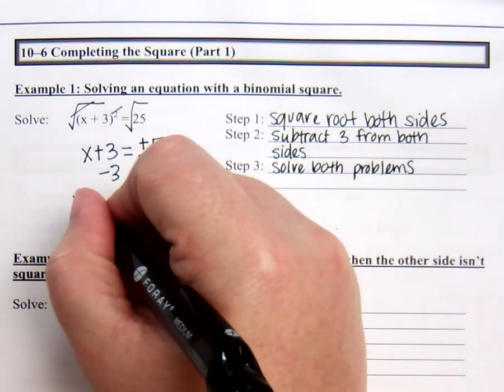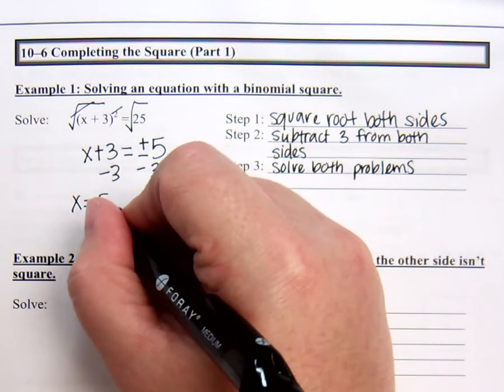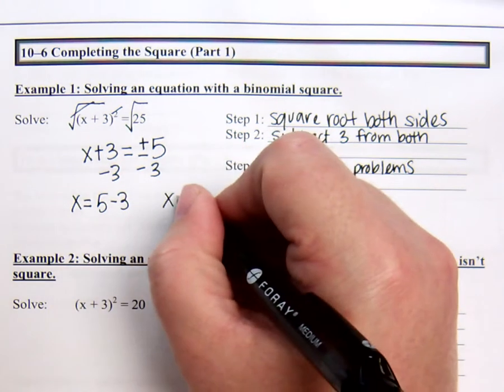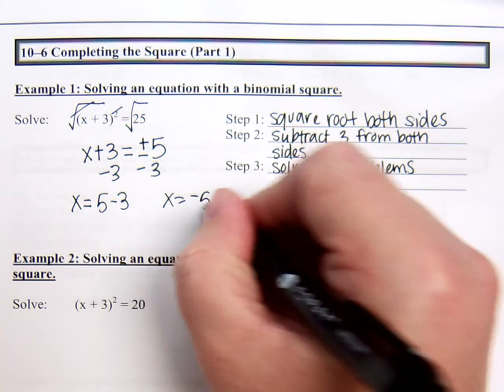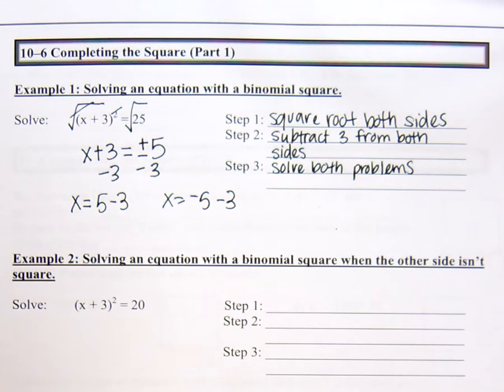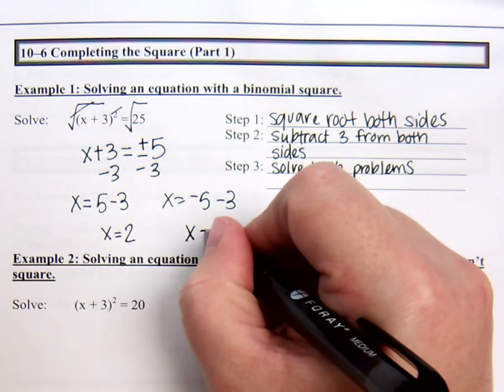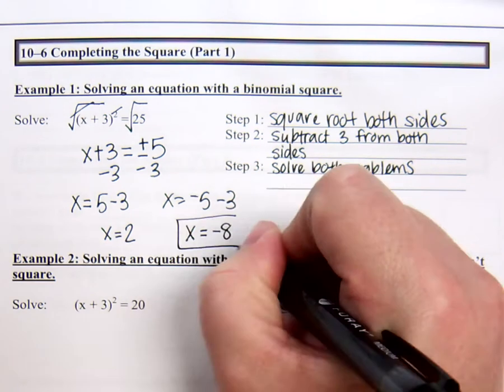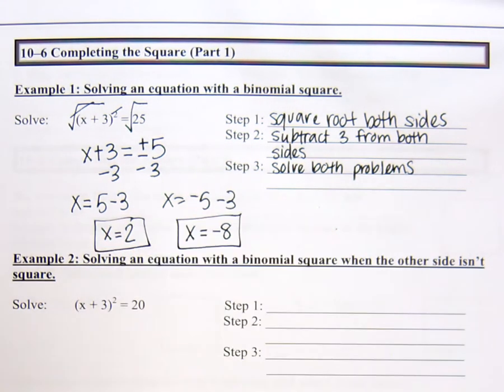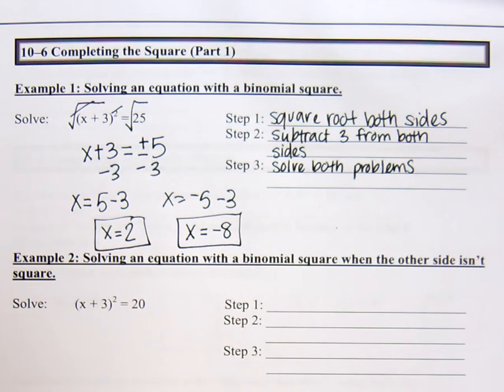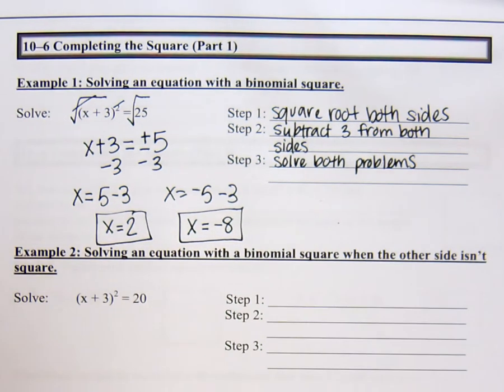So that's going to be x equals 5 minus 3 and x equals negative 5 minus 3. So x equals 2 and x equals negative 8. Those are the simple ones where we already have the perfect square on the right-hand side.